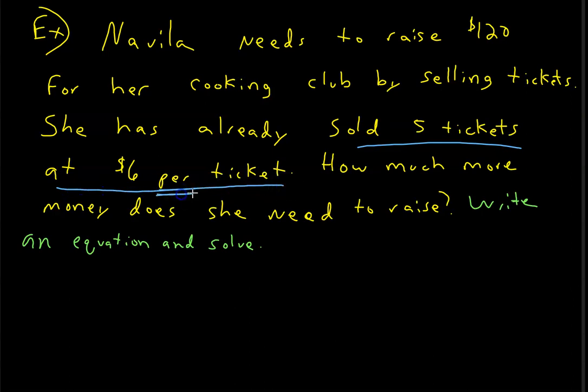It's great whenever they say the word per, because I know it's going to be 6 times some number. So since you sold 5, it's 5 times 6. And in this case, x isn't the one that follows per, but x is here. We don't know how much more money she needs to get to the $120. So it's 5 times 6 plus x equals 120.